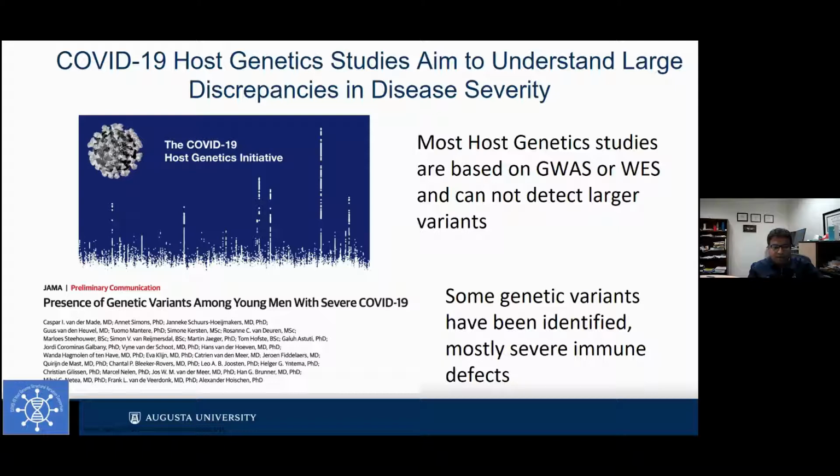And then on the other hand, some of these variants which were identified were mostly associated with immune deficiency or immune defect. So we acknowledged what was happening around us, and one of the ideas behind what we're doing right now was to see whether we can add to the existing knowledge base in understanding the split survival for COVID-19 individuals.